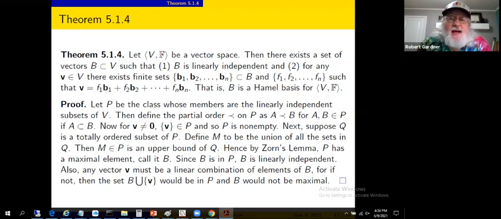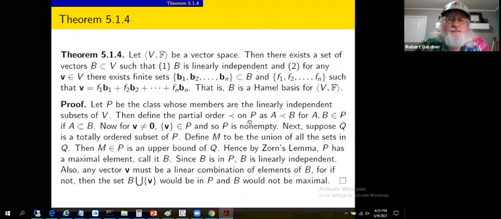And you can see how there might be certain sets in this class of linearly independent subsets of the vector space which wouldn't be comparable. So that's easy enough to conceive in this setting. So we have class P defined. We have the partial ordering on that class defined.